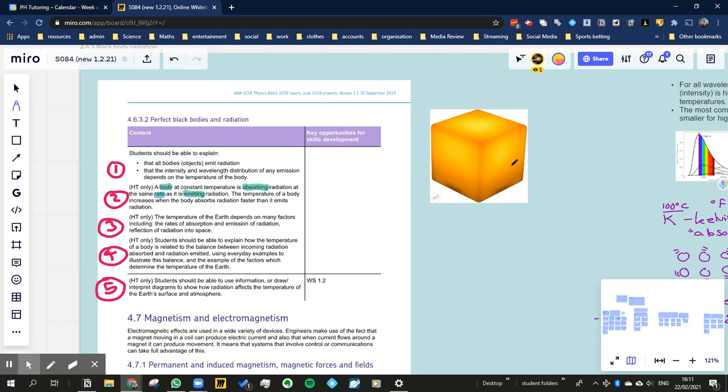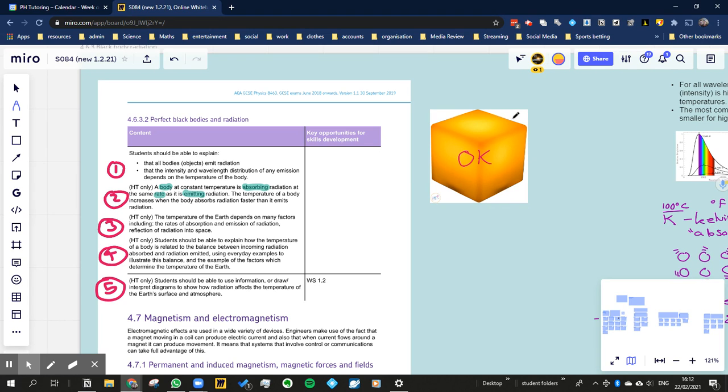So let's imagine we've taken this cube here, and it is at absolute zero. So there is no thermal energy in it whatsoever, no heat energy in it whatsoever. It's impossible to do this, but let's just imagine. It's supposed to say 0 K, as in 0 Kelvin, so absolute zero.